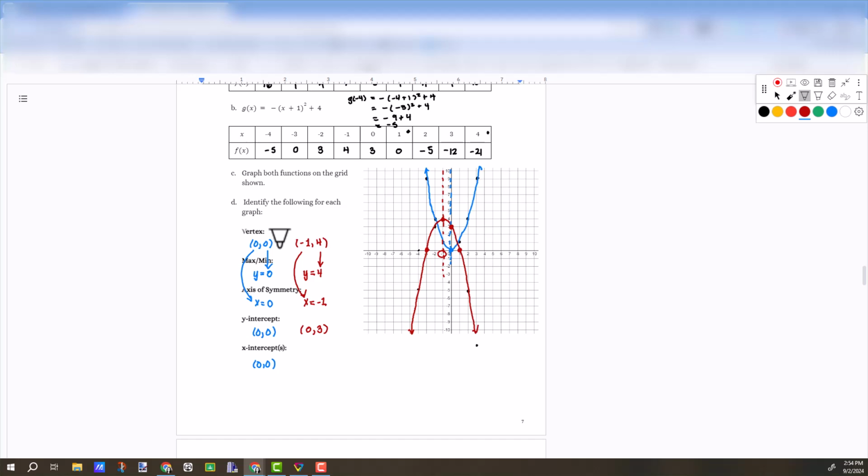Let's do the one on the left first. It has an x value of -3, and because it's on the x-axis, the y value is 0. It also has this other one to the right, which has an x value of 1, and again, it has to have a y value of 0. Nicely done. Let's keep moving.